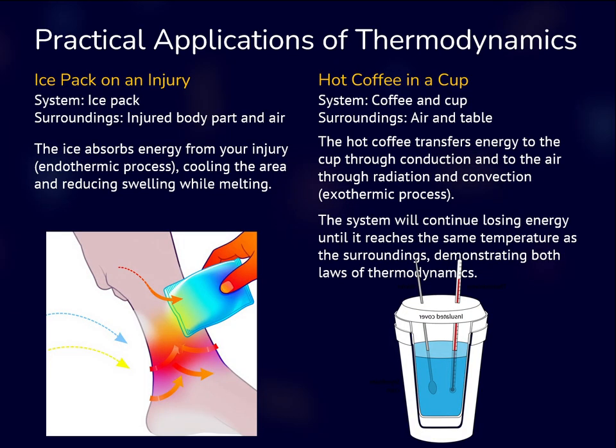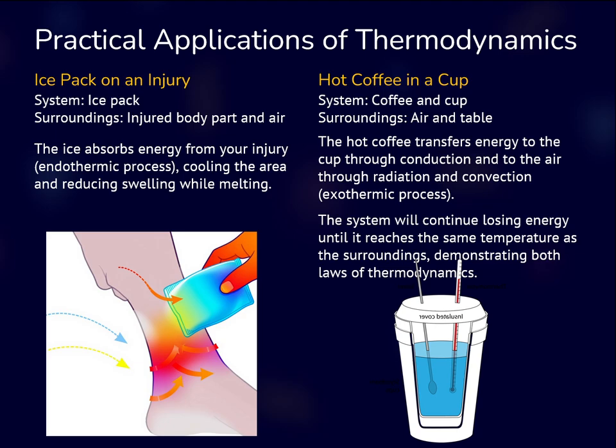Now let's apply this knowledge to two practical examples from daily life. Example 1: an ice pack on an injury. In this case, the system is the ice pack. The surroundings are your skin and the air. In this example, the ice absorbs energy because it's endothermic.